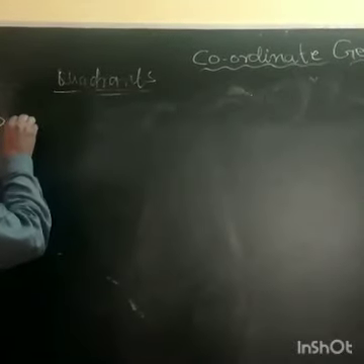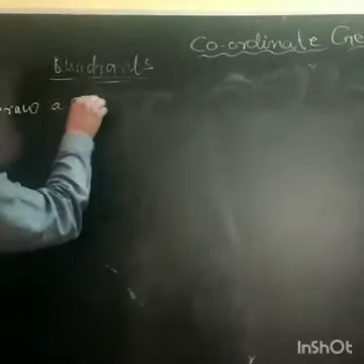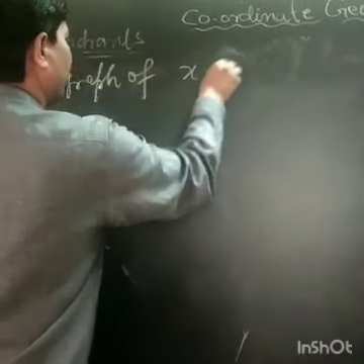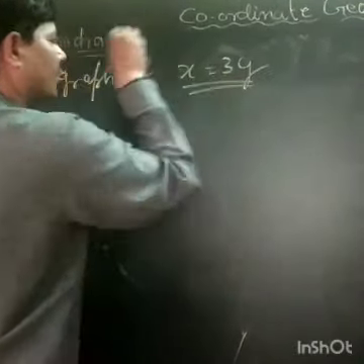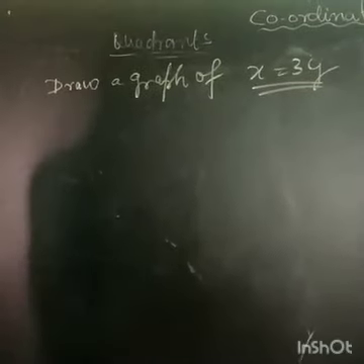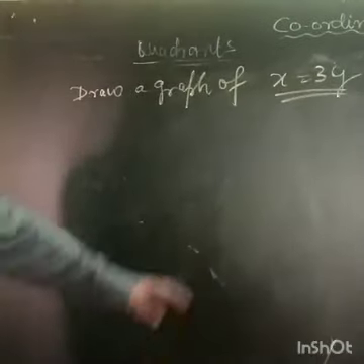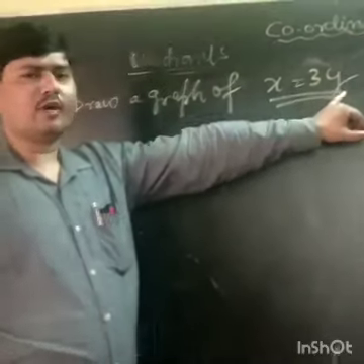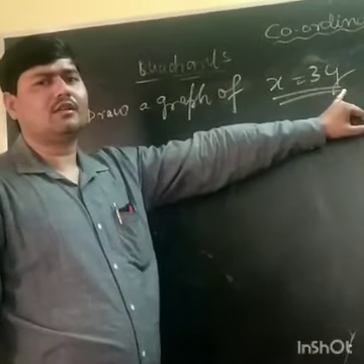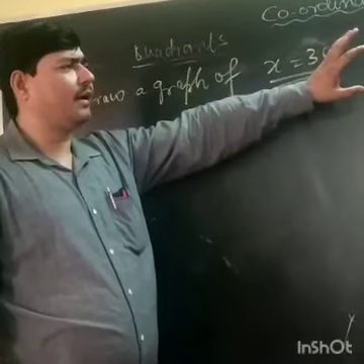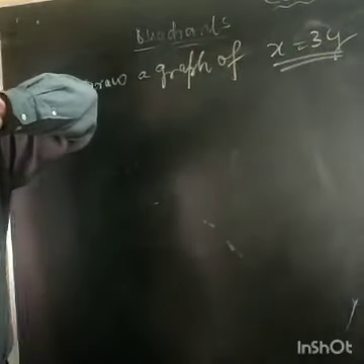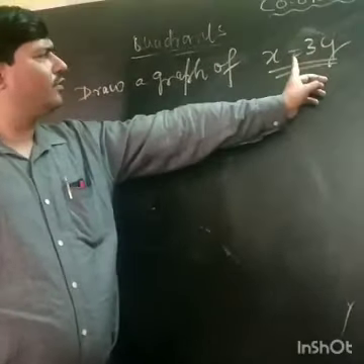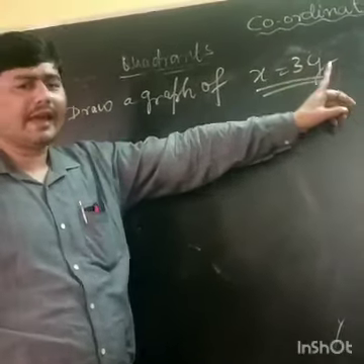Suppose we have to draw a graph of x = 3y. Plot x = 3y. Since here there are two variables, the value of one variable you will assume by yourself, and you will find at least 3 coordinates.